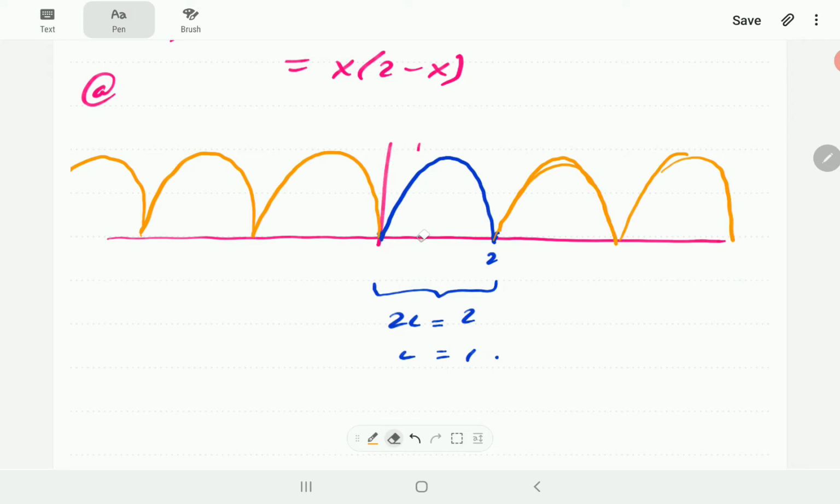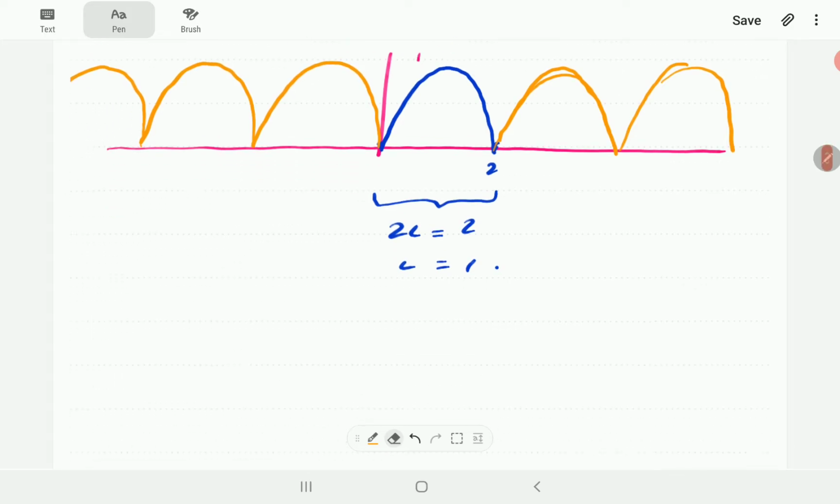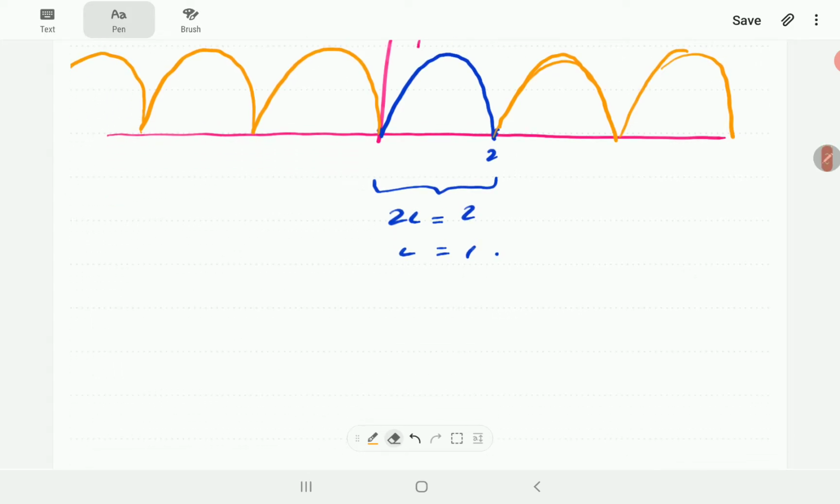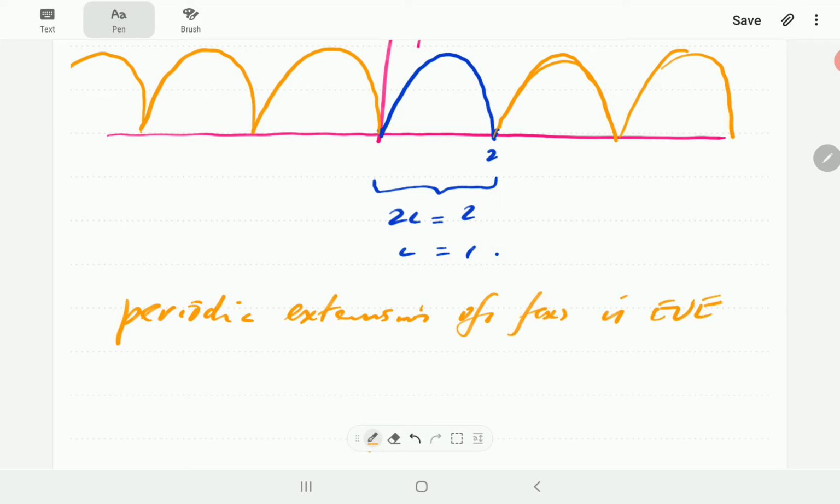If you do a mirror reflection of this, you get this one, the reflection of this one is this one, etc. So the periodic extension of f of x is even.